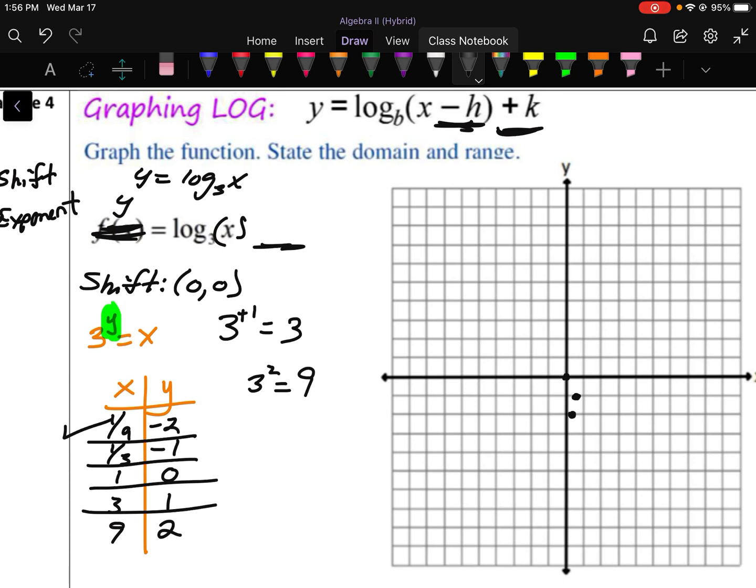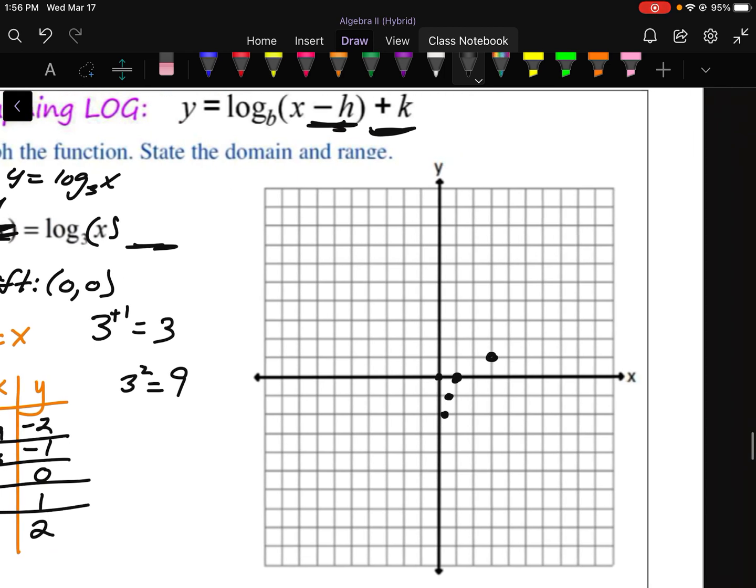When you get to those fractions, it's not going to be 100% accurate. That's got to be okay. And then we're going to go to the right 1, down 0, and then to the right 3, up 1, and to the right 9, up 2.